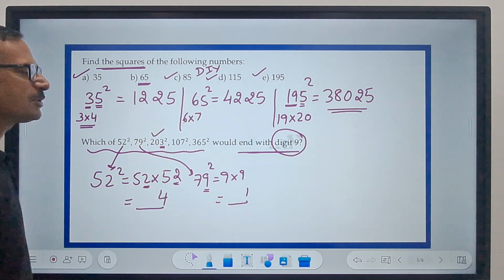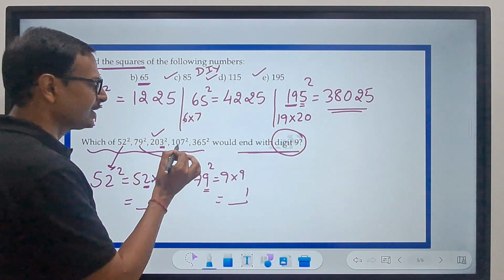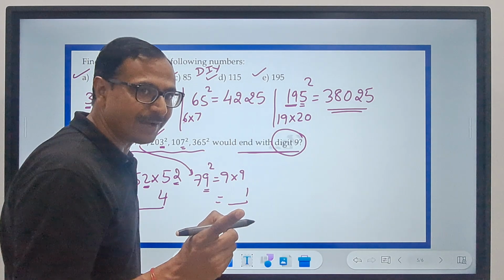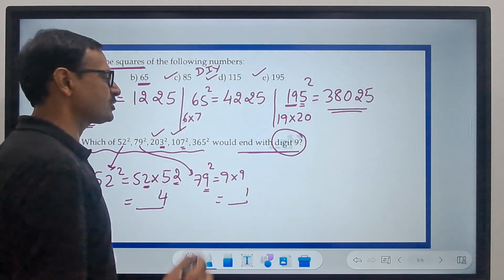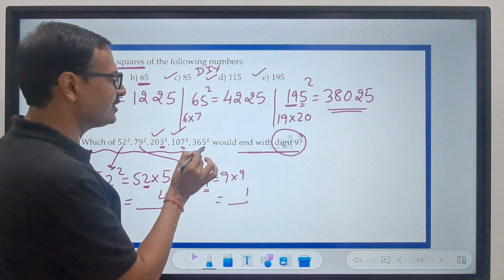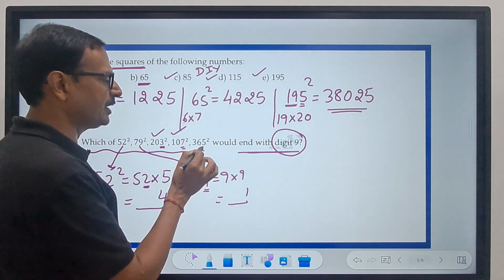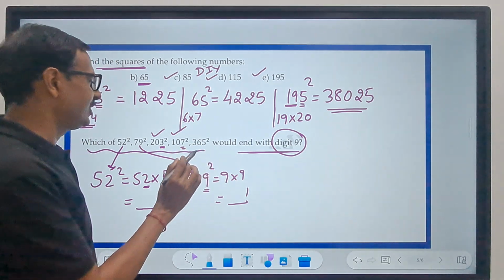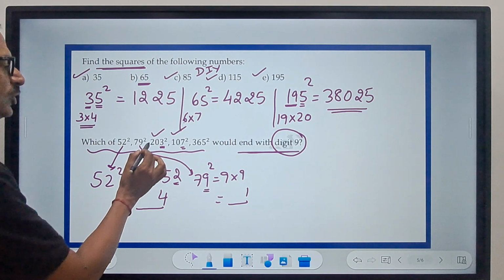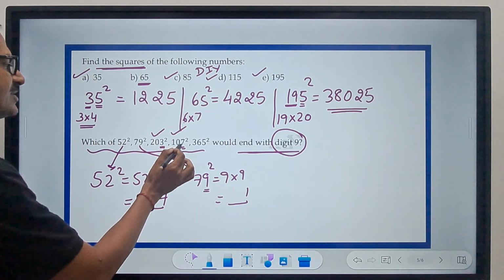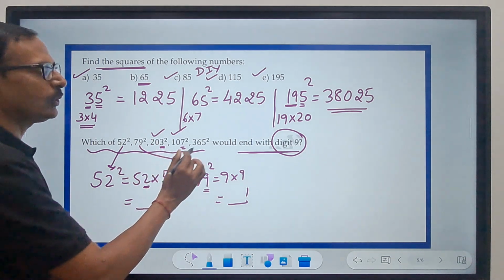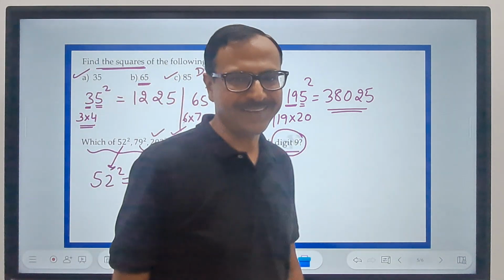So this is one of the possibility, it ends in 9. 7 into 7 is 49, again ends in 9, so this is also a possibility. 5 into 5 is 25, so this is not a possibility because it ends in 5. So there are two answers, 203 squares and 107 square. These two are going to end in digit 9.